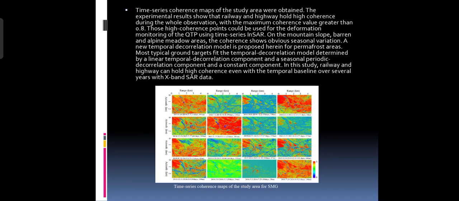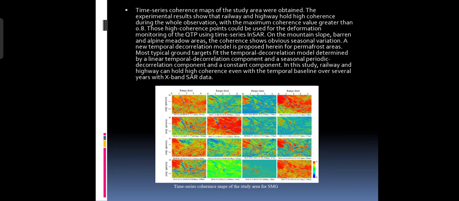The experimental research shows that railway and highway hold high coherence during the whole observation, with the maximum coherence value greater than 0.8. Those high coherence points could be used for the deformation monitoring of the QTP using time series InSAR. On the mountain slope, barren and alpine meadow areas, the coherence shows obvious seasonal variation.